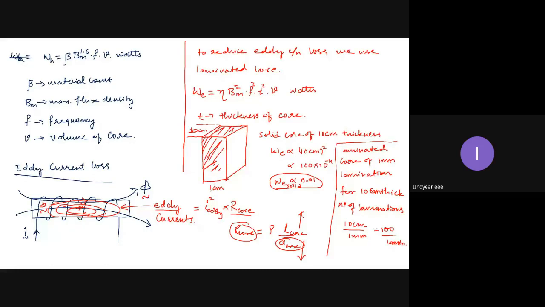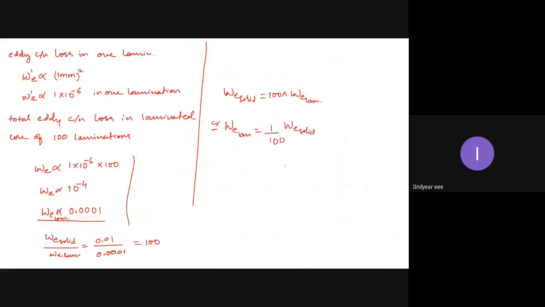Now when I create a lamination, which is 1 centimeter by 1 millimeter, what is the thickness of the lamination now? It is 1 millimeter.